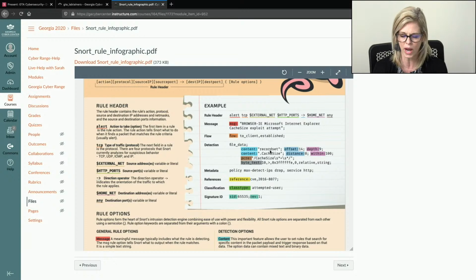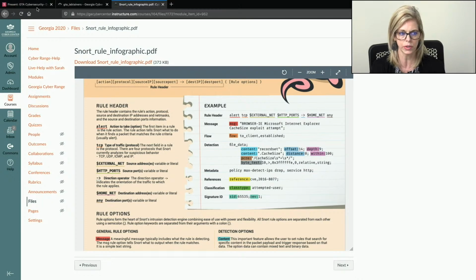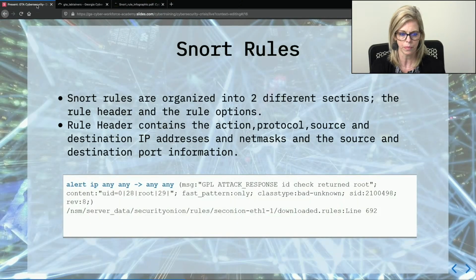So if this record set is part of the content, then it would generate an alert that would include this message that you see on screen here. There's lots of useful information as far as how the rule is built and formed, and you can use this infographic to help you with that, as well as the Snort manual that is also included in the Canvas course.